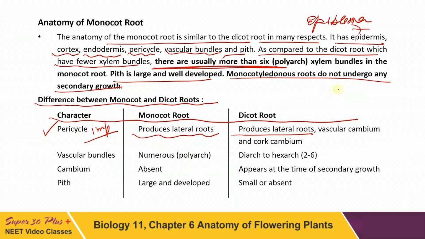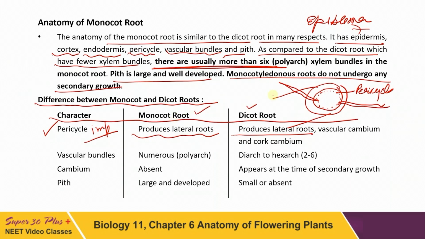You can see here this is the transverse section of root. This is the endodermis, and below the endodermis this is the pericycle. What is this? That is pericycle. From pericycle the lateral roots come out. Remember, lateral roots come out from pericycle in both monocot as well as dicot.